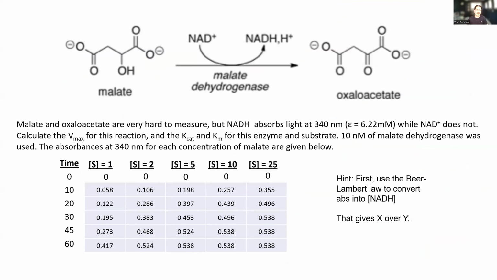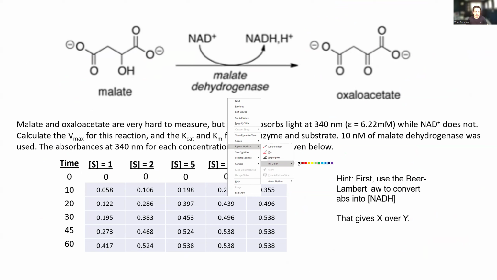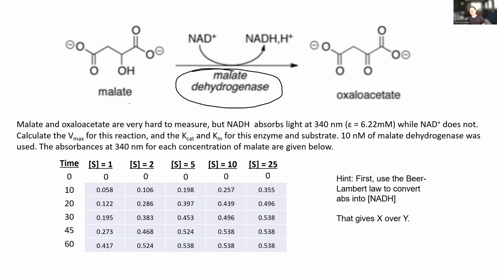Okay, so this is the question that we had in class. The question is saying that we have this enzyme here, malate dehydrogenase, which is part of the citric acid cycle, and converts malate to oxaloacetate. Malate is a substrate, oxaloacetate is a product.